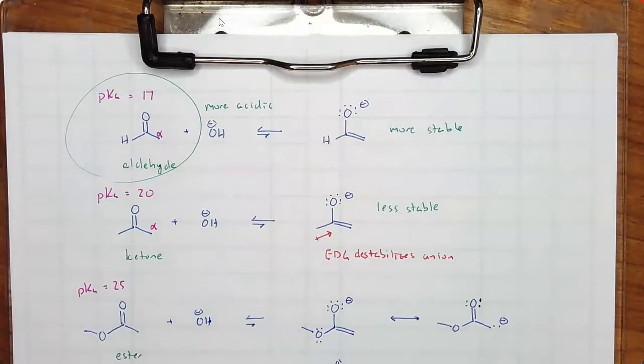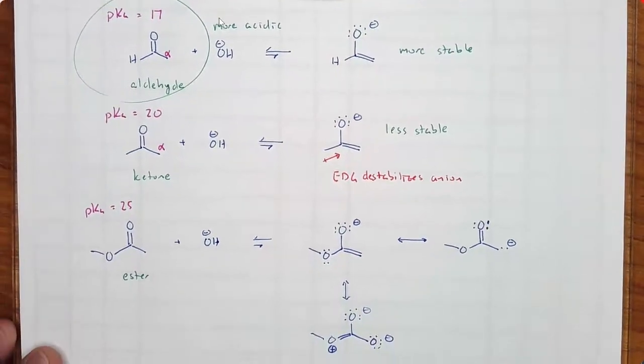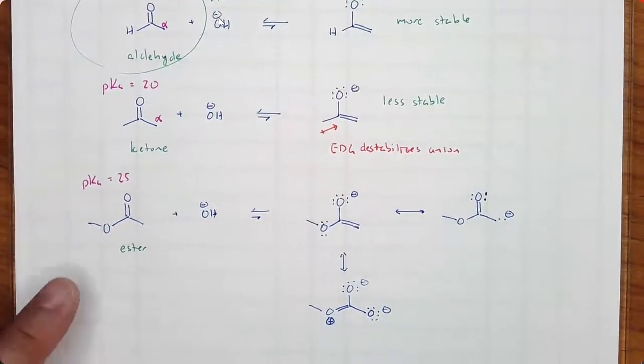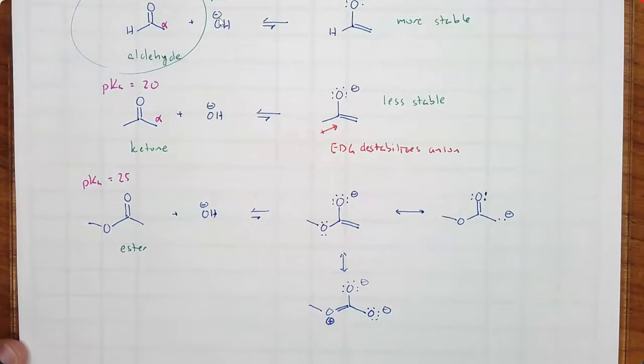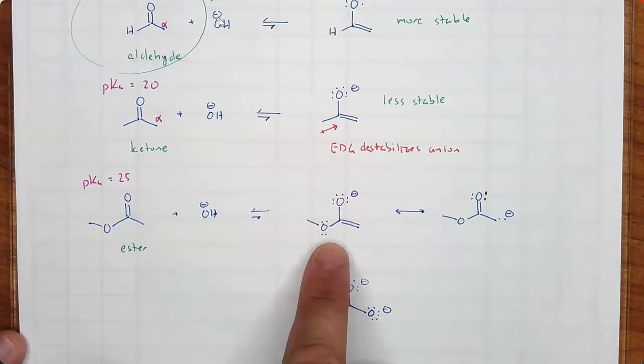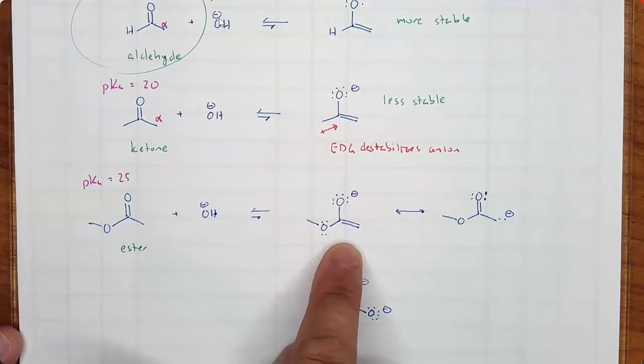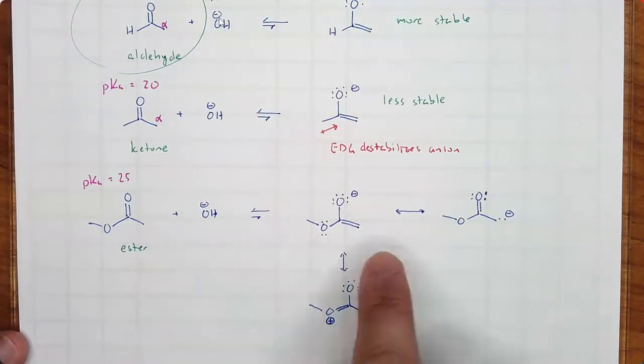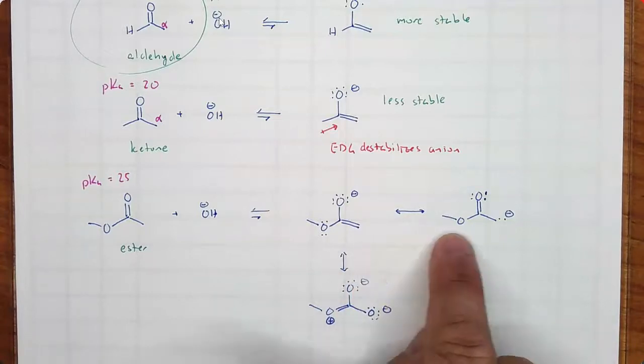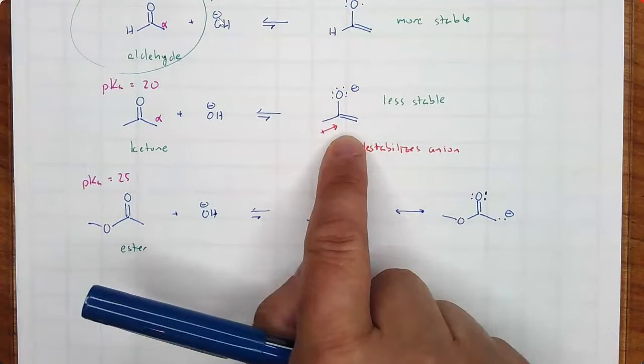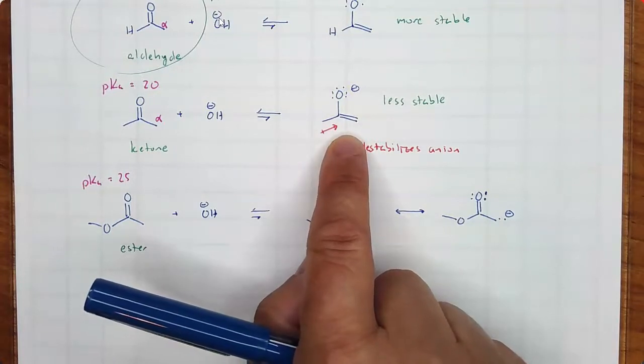Okay, when we look at the pKa's of a ketone versus an ester, you see that the ester is less acidic. Can we explain that by analyzing the conjugate base? So here's the conjugate base, the enolate form of the ester. And again, we do have this resonance, so that's good. The same resonance that we would have up here for the ketone enolate.